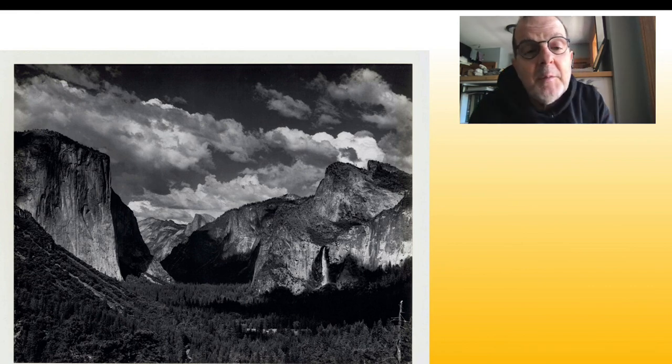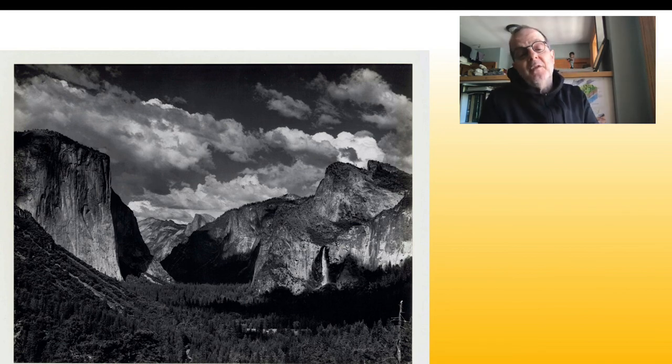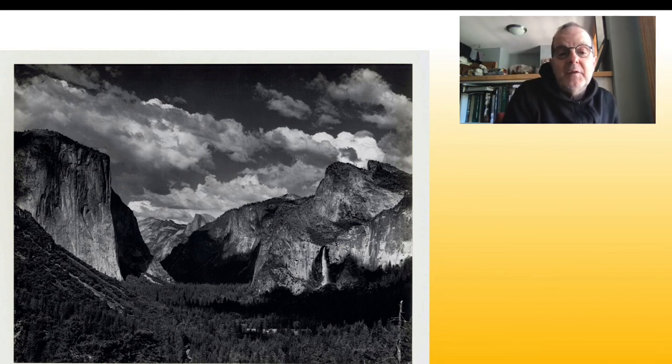This is one of the most famous batholiths in the world, exposed above the surface of the earth, Sierra Nevada mountains, Yosemite National Park, Yosemite Valley, as photographed, I believe in the 1930s or 40s, by a great American photographer, Ansel Adams.